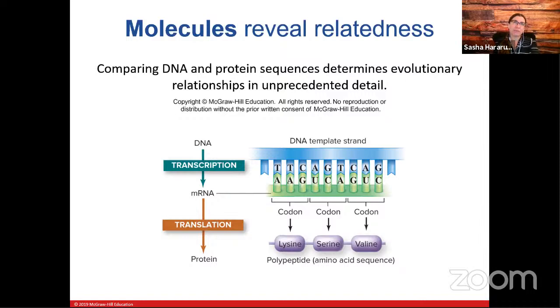Imagine the mutations are random, okay? If the random mutations occur at millions of nucleotides in millions of loci, it's highly unlikely that these millions of mutations will be repeated in two unrelated species.